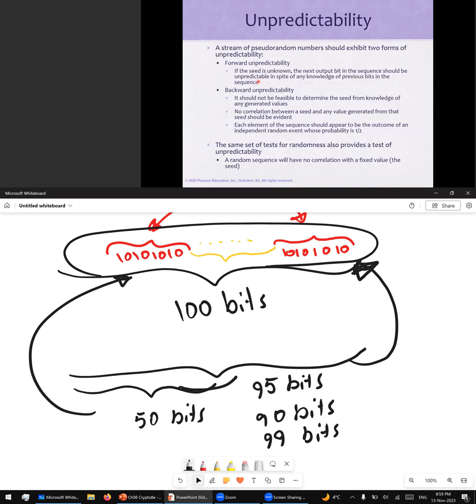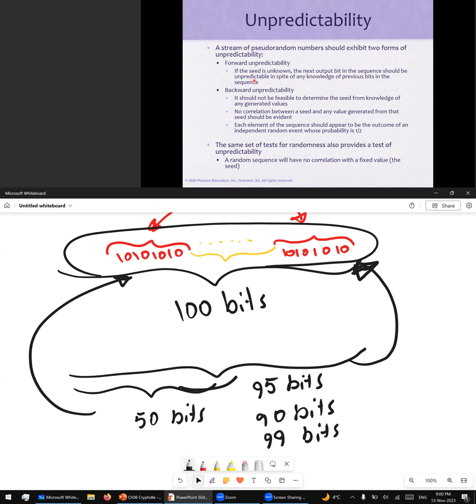In terms of unpredictability, which was another characteristic that pseudo-random number generators had to have, there are two things that we're looking for: forward unpredictability and backward unpredictability. Forward unpredictability means that if the seed is unknown to a hacker, the next output bit in the sequence should be unpredictable.